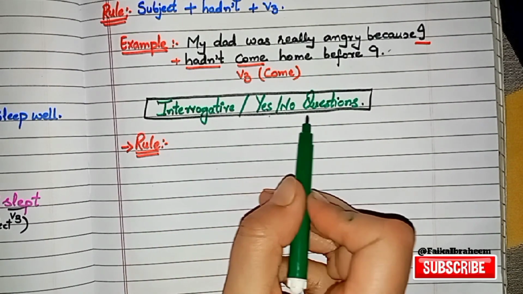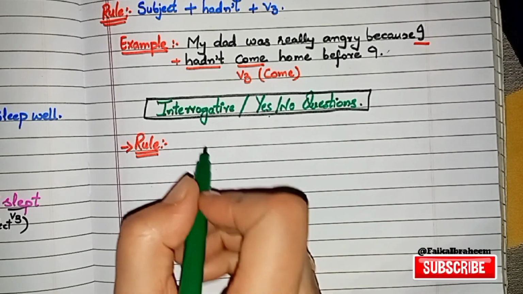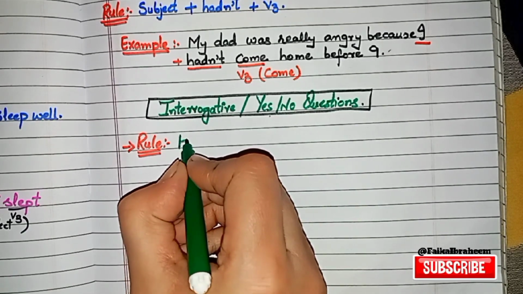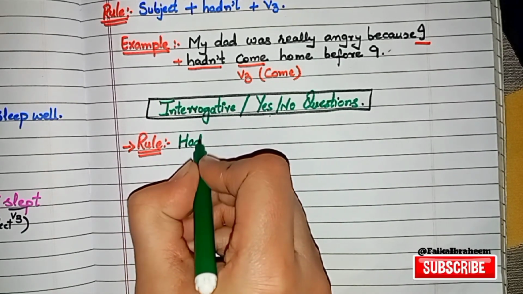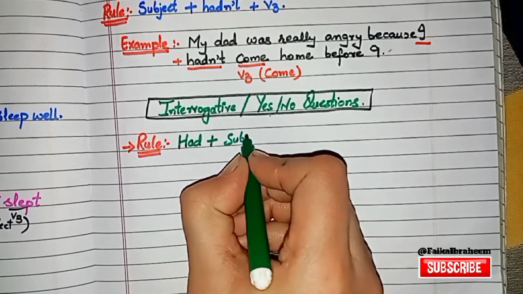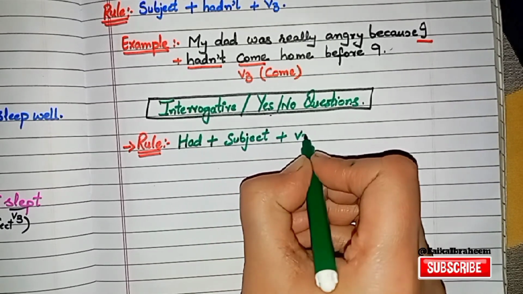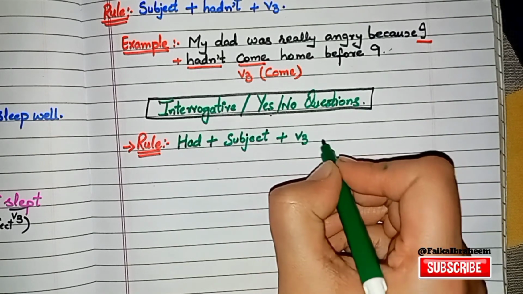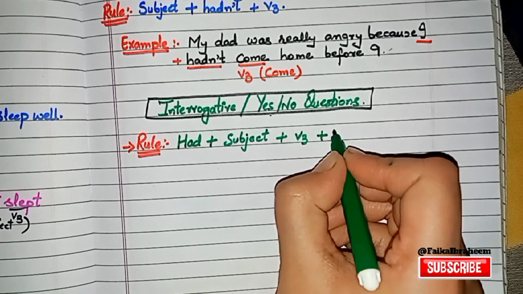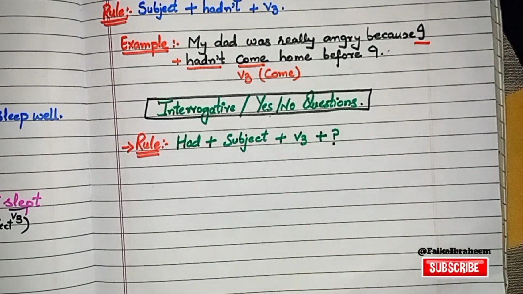So how do you make the yes or no questions? Very easy. Use the verb had at the beginning of the sentence. So had plus subject plus third form of verb plus question mark. Look at some examples.